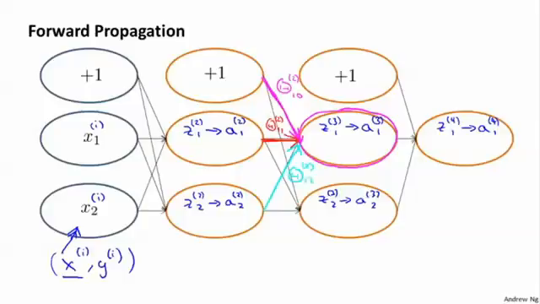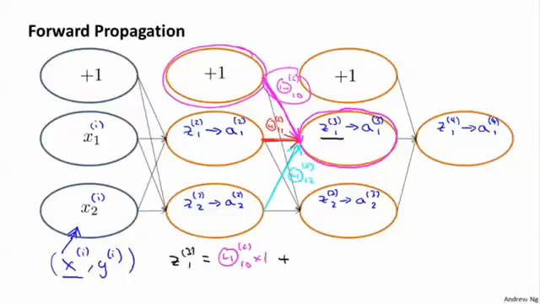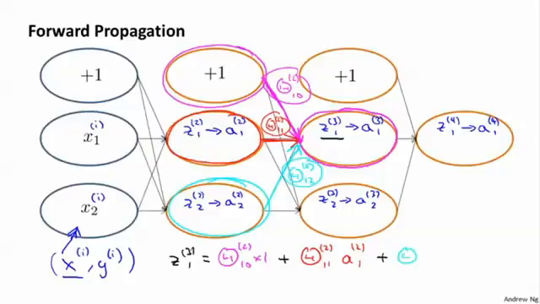So the way we compute z31 is: this magenta weight times this value, so theta210 times 1, plus this red weight times this value, theta211 times a21, and finally this cyan weight times this value, plus theta212 times a22. And so that's forward propagation.